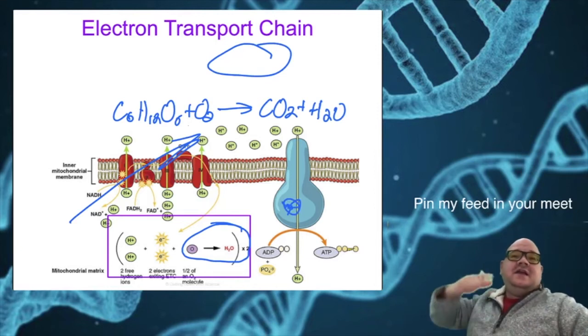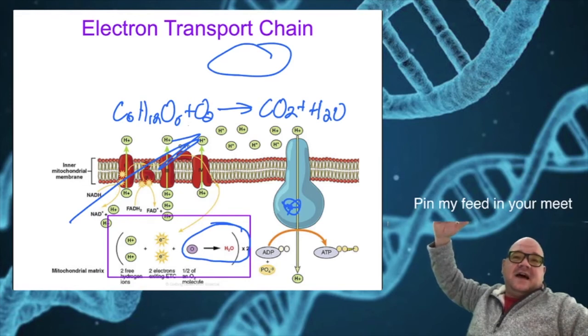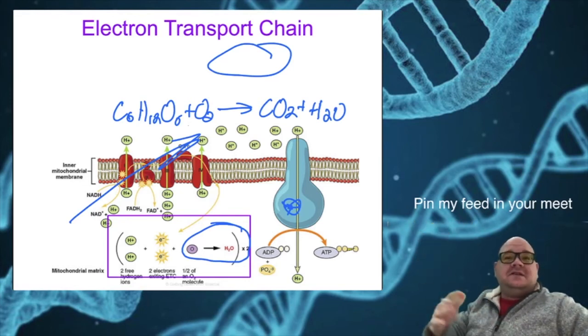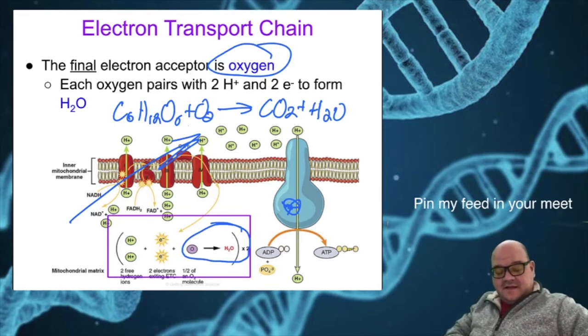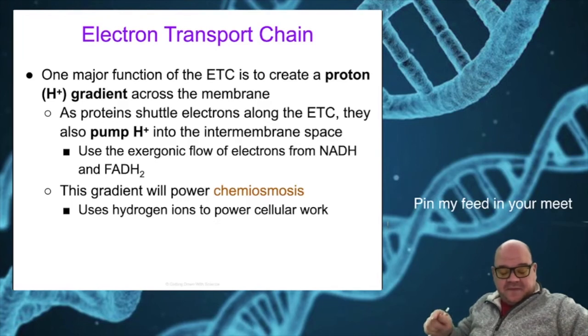By pushing all these hydrogens to the outside, we have this chemical potential energy. When they pass through there, that energy is used to make ATP. Now, this is where we're going to give this a name.